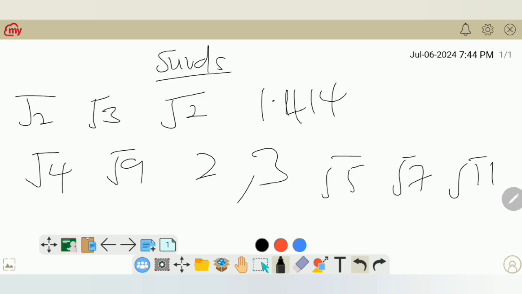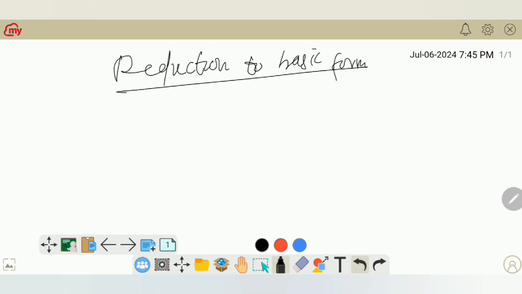Now, surds can be reduced to their basic forms. If root s is such that it cannot be reduced further, then it is said to be in the basic form. That is, in essence, s does not contain a factor which is a perfect square.